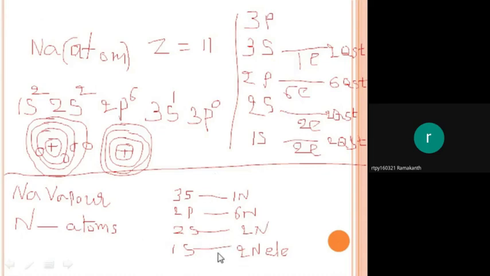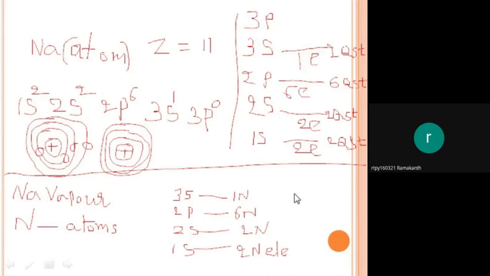There is a group of energy levels, so each atom has its own energy level. Even in a vapor, the separation between atoms is very large, so one atom is not interacting much with another atom. There is no much interaction between atoms, so they possess the same energy levels with no difference.